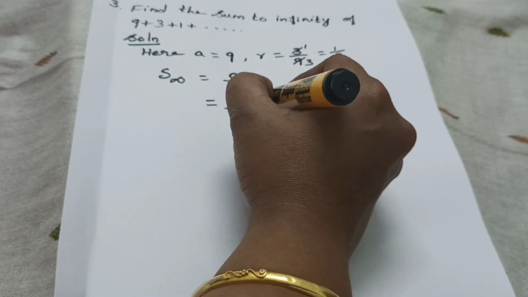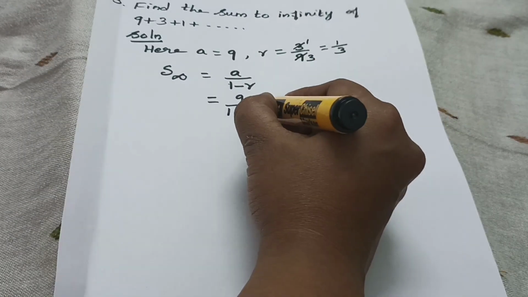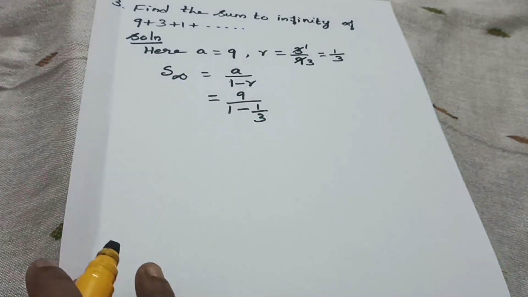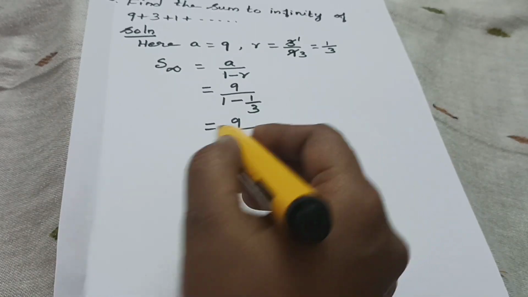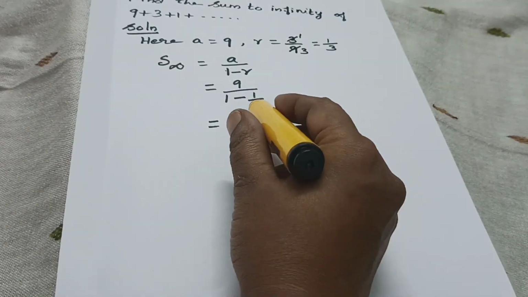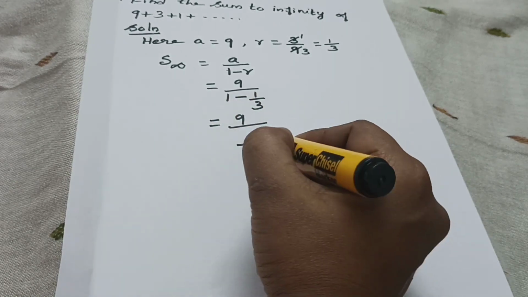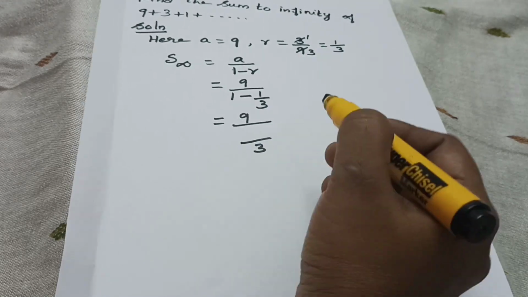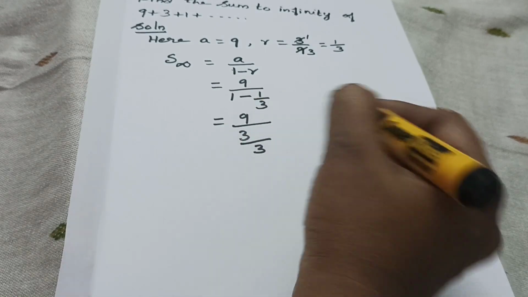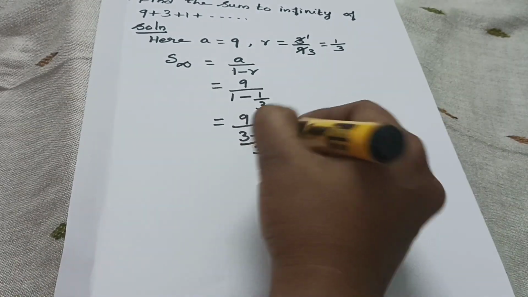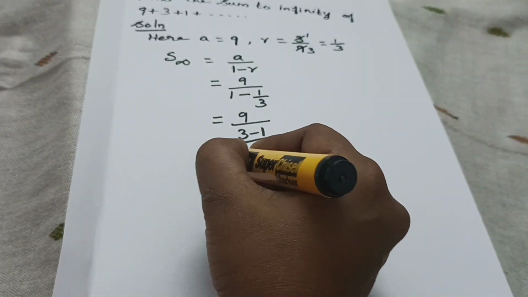Then 9 divided by 1 minus r, where r is 1 divided by 3. The denominator has a fraction, so we have to take the LCM. What's the LCM here? 3 is the LCM, so we multiply by 3 here. 1 into 3 is 3, minus 1, then subtract.